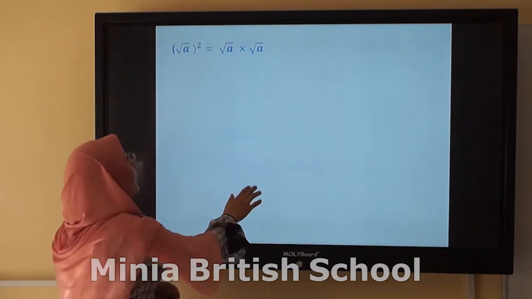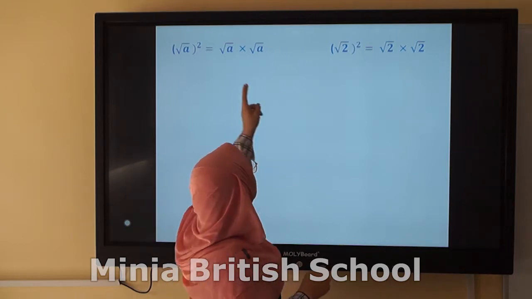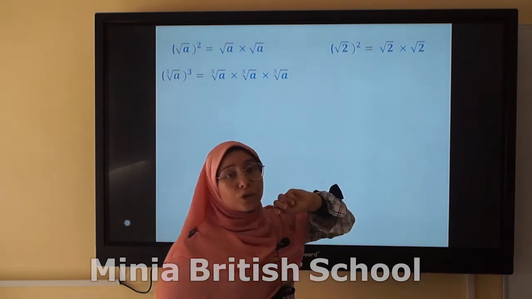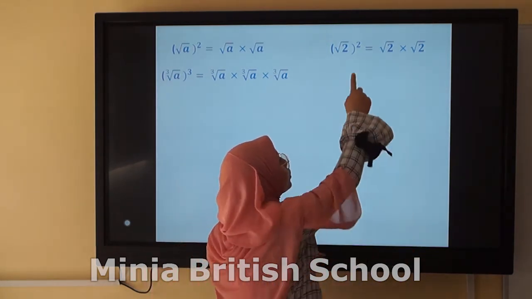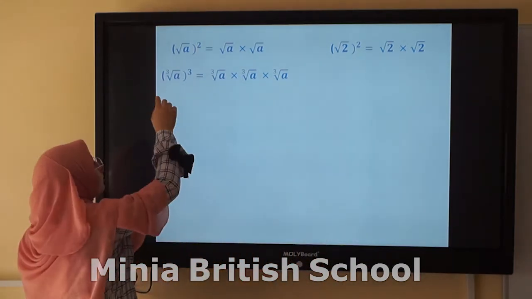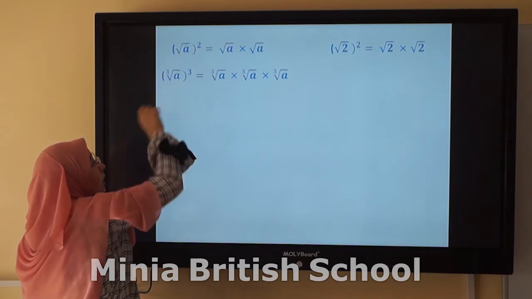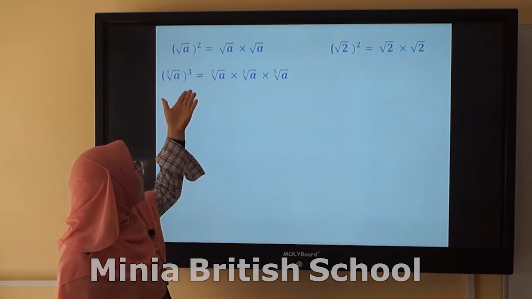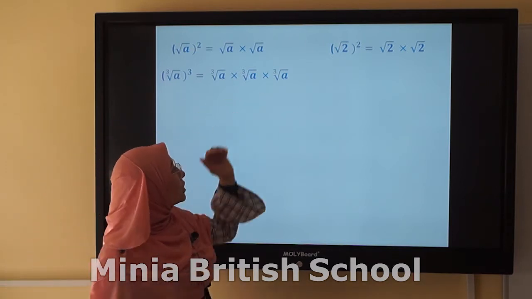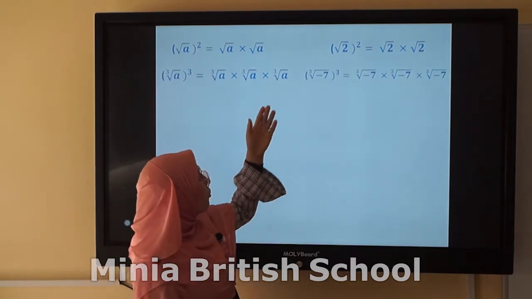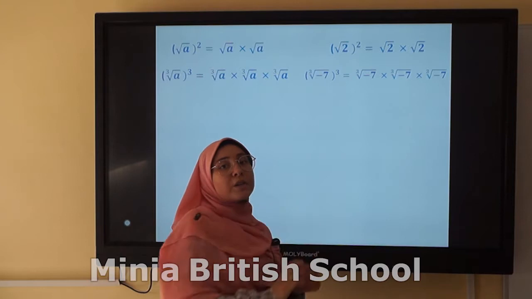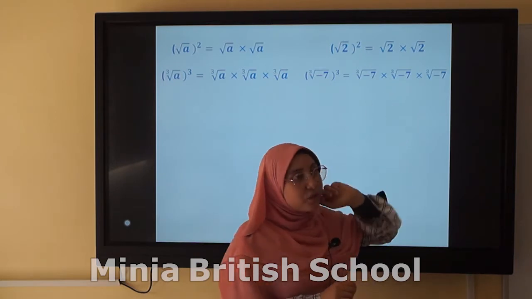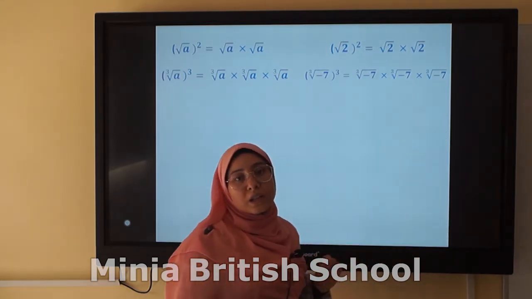In general, root A raised to power 2 equals root A times root A. Here, the same idea: cube root A raised to power 3 equals cube root A times cube root A times cube root A. For example, cube root of negative 7 raised to power 3 equals cube root of negative 7 times cube root of negative 7 times cube root of negative 7.